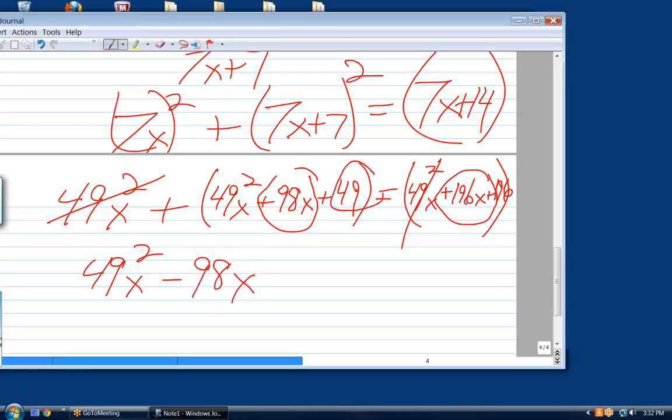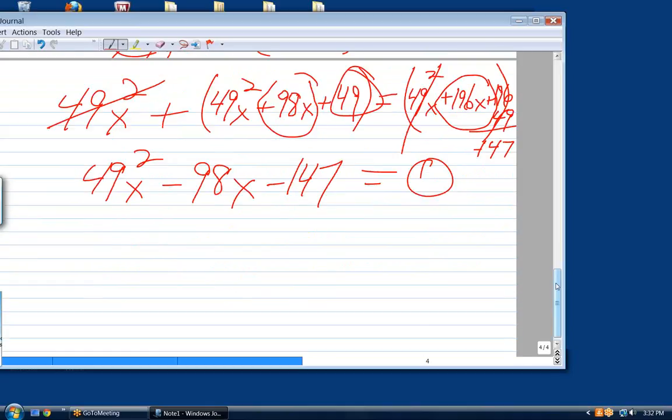And we have 49 minus 196. Gives us negative 147. Now we have to solve that quadratic. How nice. 49 we can factor out.